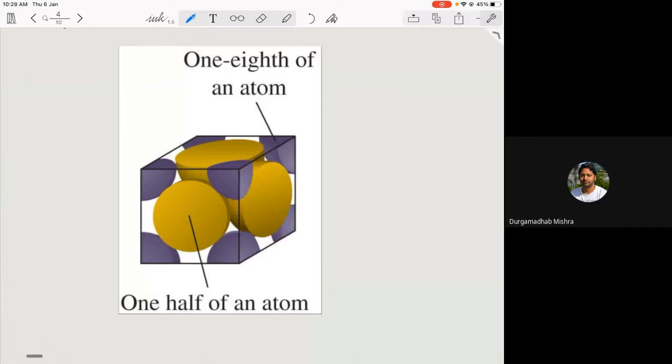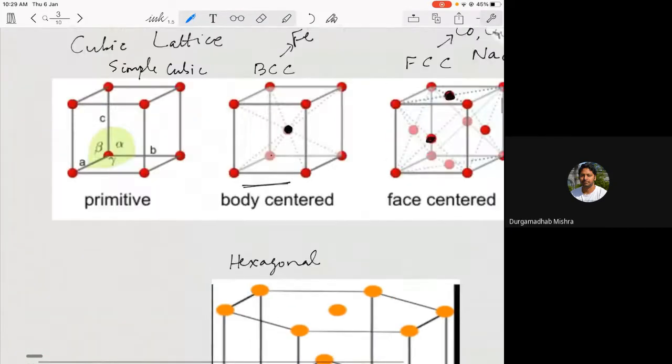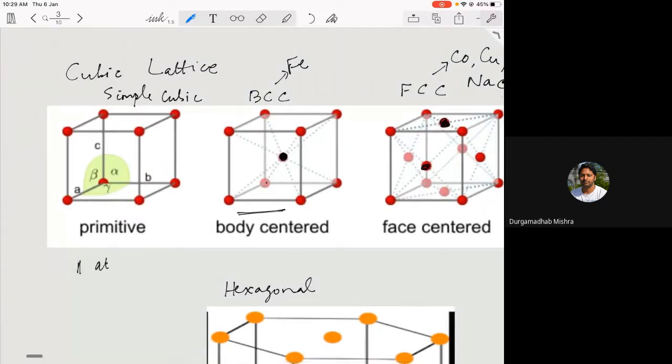If you look at these different lattice structures, you can calculate how many atoms are there per unit cell. For example, in this picture, a simple cube will have one atom per unit cell.